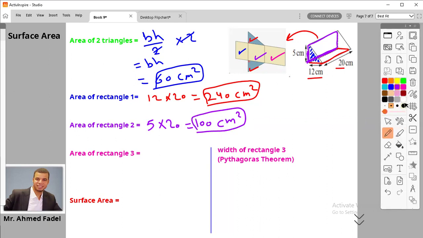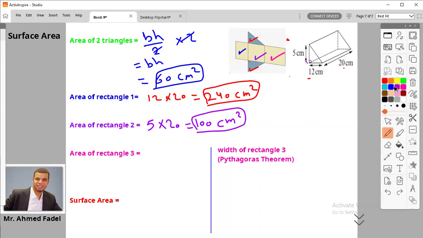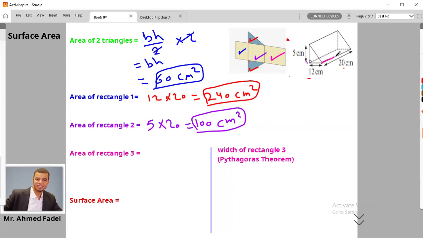The third rectangle, actually, there is a trick in it. I'm going to need just to erase this to be able to visualize it. You see the third rectangle here? It is this one.